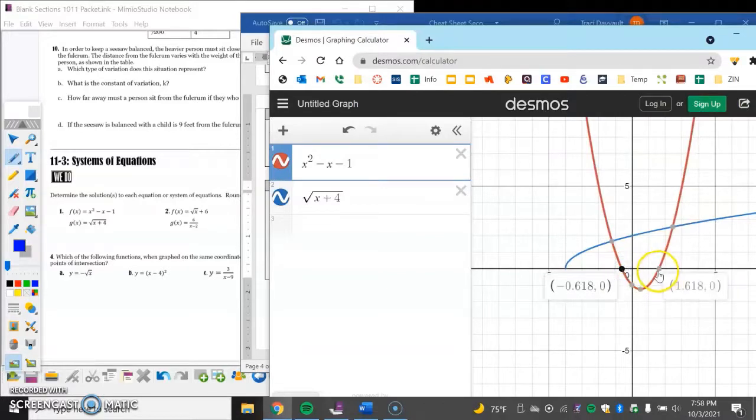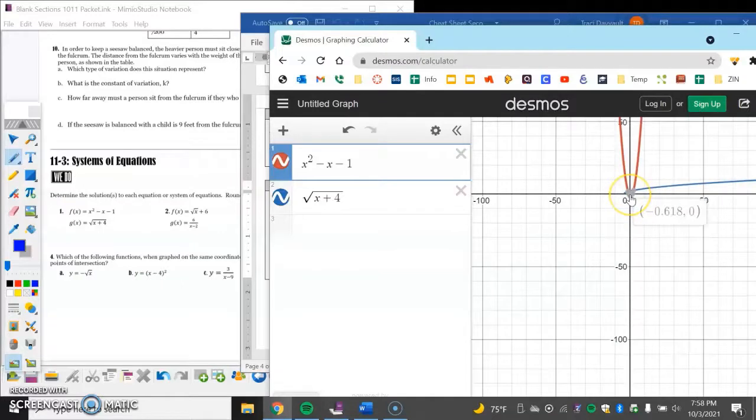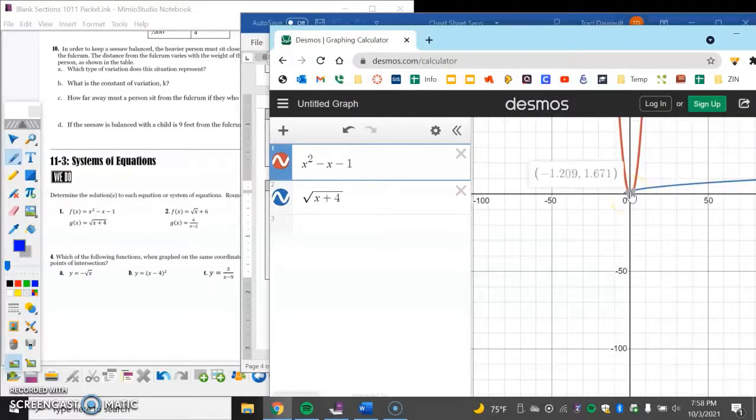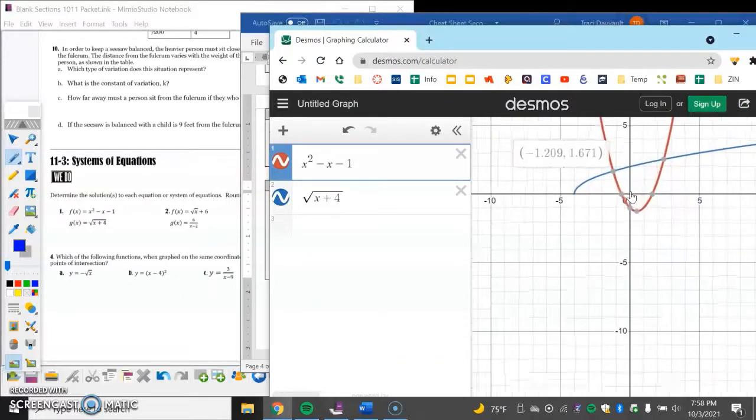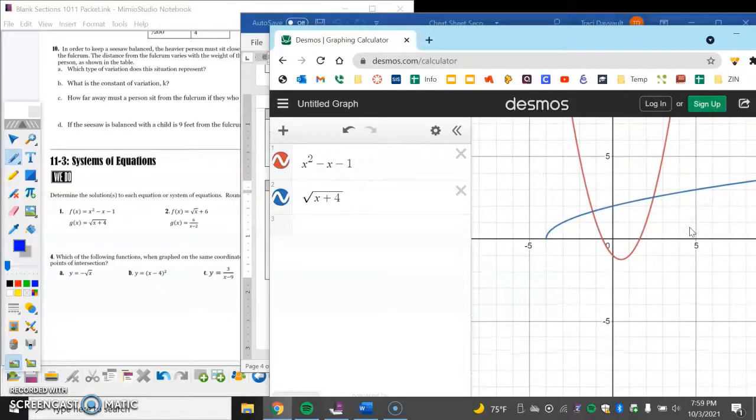Desmos automatically finds those for you, and sometimes if you're very zoomed out, you can't really tell if it's a point of intersection or an intercept. So we're going to make sure that we zoom in closely to make sure that we are clicking exactly on an intersection. I'm going to click right here on this intersection where the square root function intersects with the parabola.